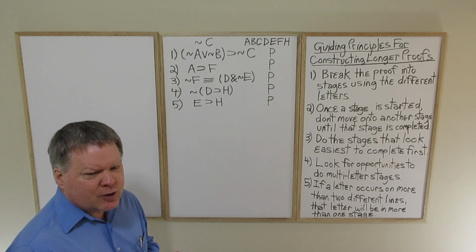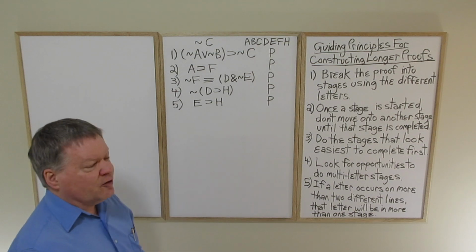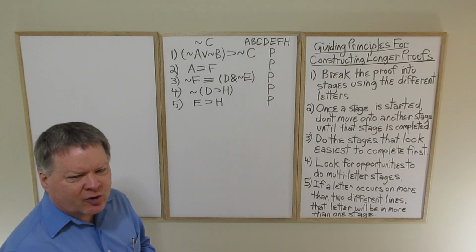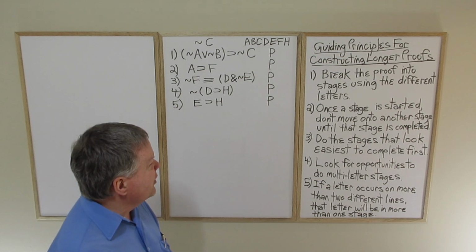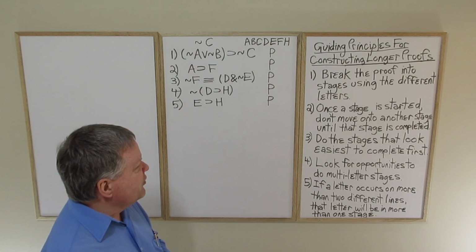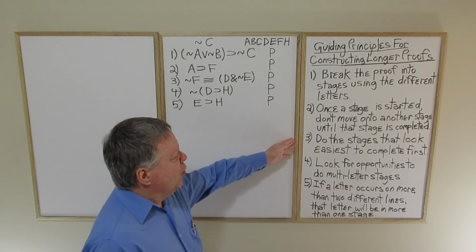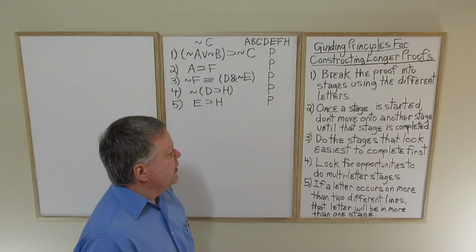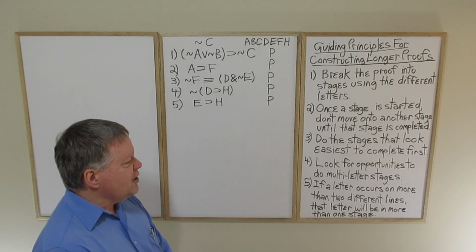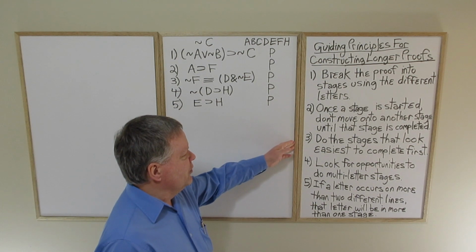So you need to look at the task of constructing a proof as a series of subtasks where each subtask is the completion of one of the stages. I would recommend, once you've broken the entire proof up into a series of stages, do the stages that look easiest to complete first.